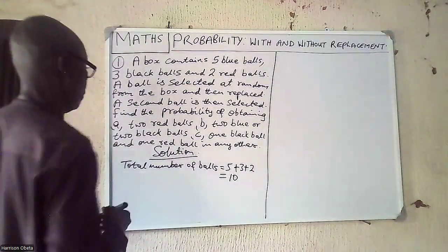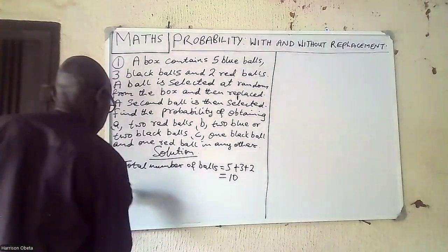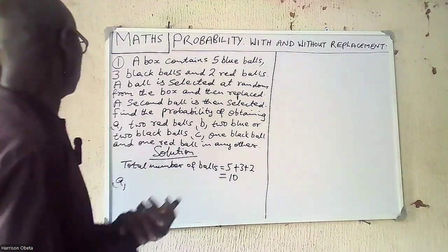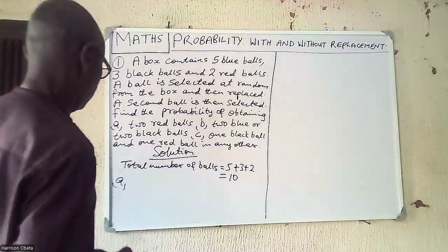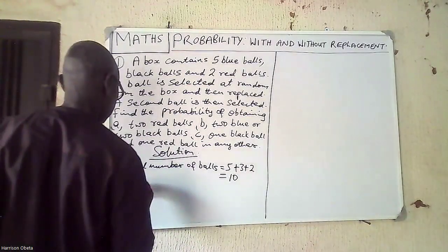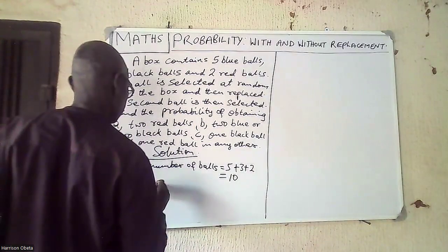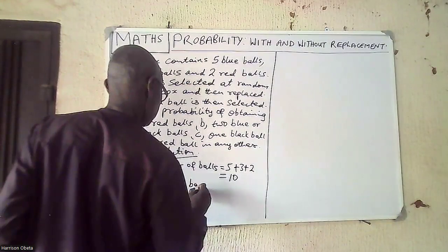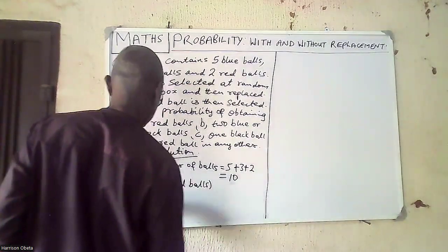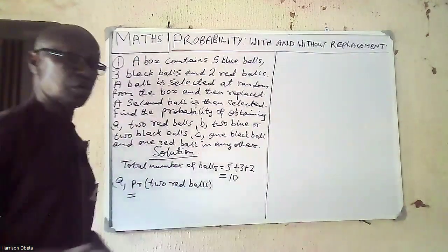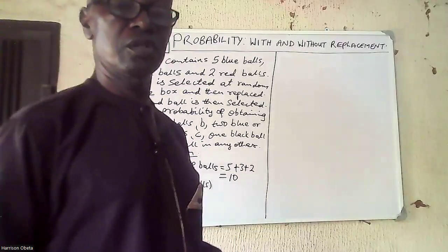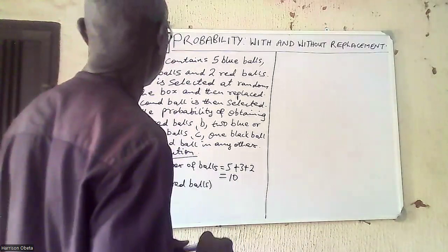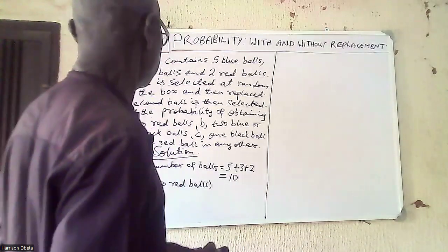Now, the first question, we are trying to find the probability of choosing 2 red balls. So the first thing is to check the number of balls. Remember that the first one was picked and replaced.